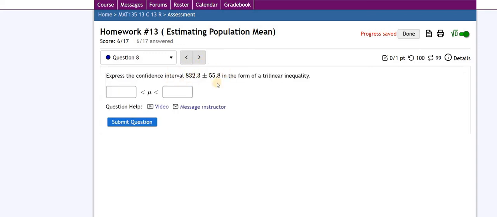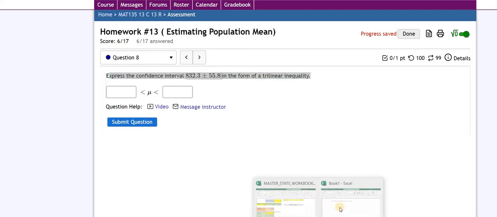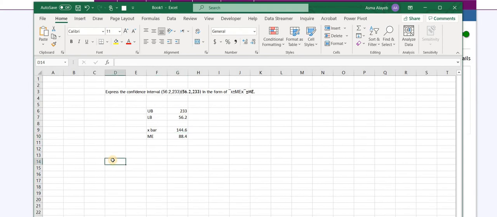Here, I was given the confidence interval in the form of point estimate plus or minus margin of error. And since here we're estimating a population mean, I know that the first number is going to be the mean, and the second number is going to be the margin of error. I know to find the lower bound, I need to subtract those two numbers. So let me copy these two numbers and paste them here somewhere.